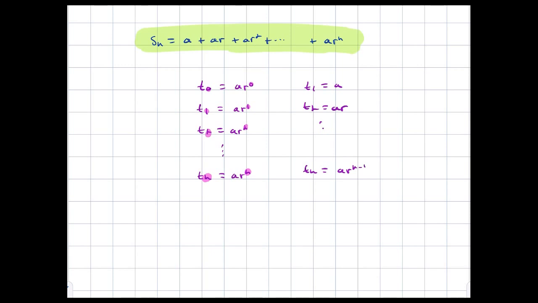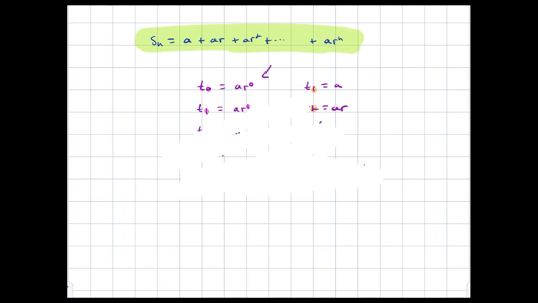So you'll have the power of the r lagging behind the index term. And just to let you know, when we get to the general formula, if you're like, wait, that isn't exactly what I saw in high school, this is why. In university, we start to count from 0 instead of 1 a lot of the time, because it really makes things simpler and more congruous. So that's what's going on here.